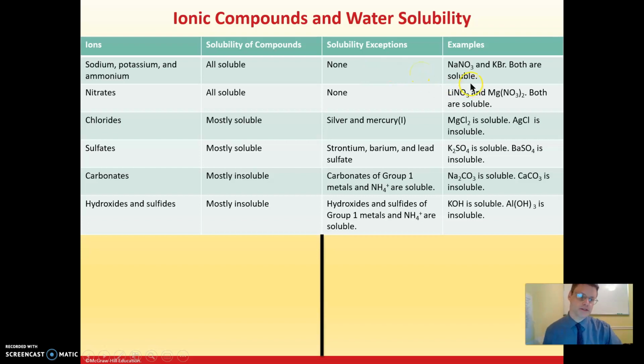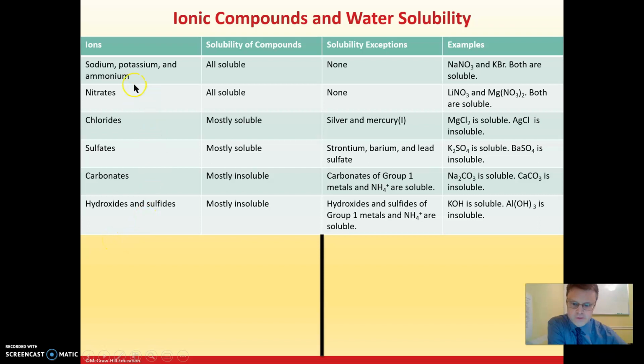Some examples are sodium nitrate, where NO3 is the nitrate anion. Since it contains sodium, it's going to be soluble. And potassium bromide contains potassium, so we'd expect that ionic compound to be soluble.